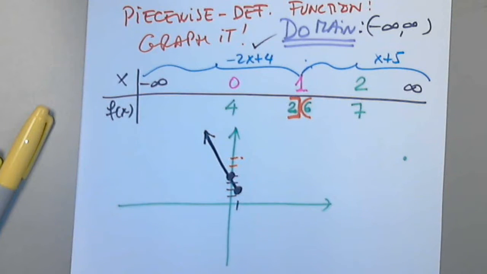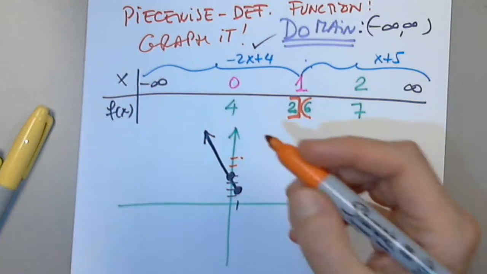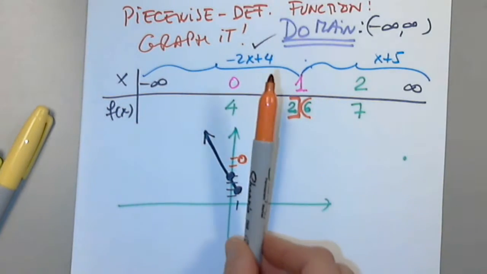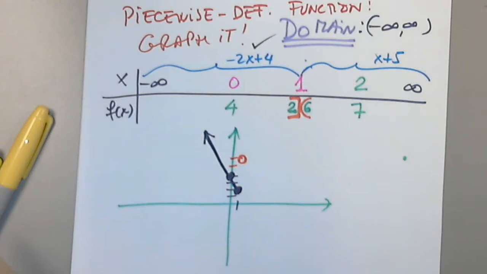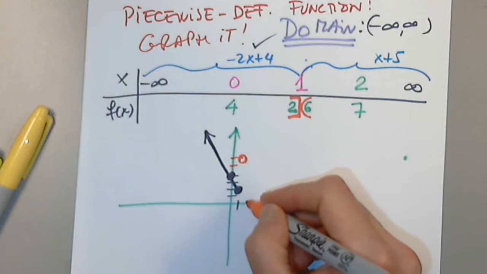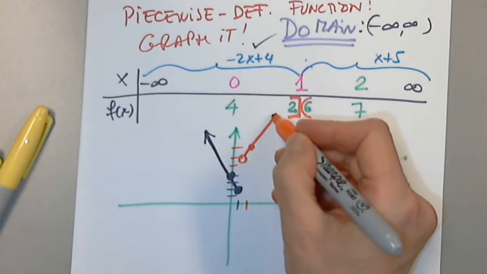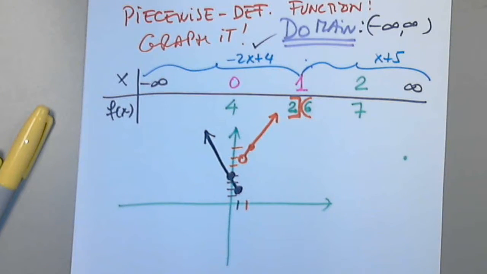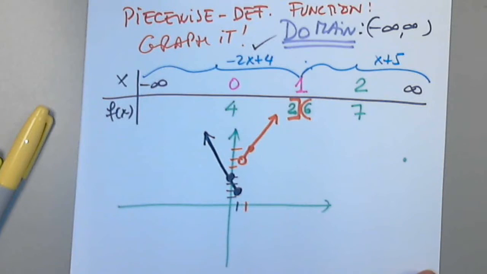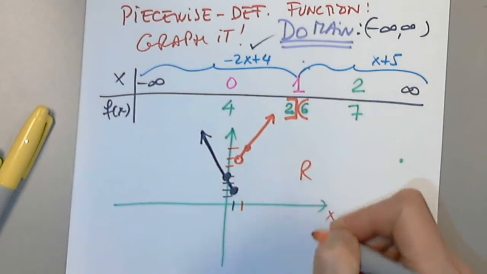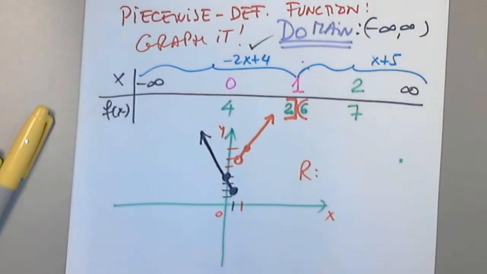So is it a full point or an open point? You agree? Very good. It cannot be a full point because then it wouldn't be a function. Thank you very much. So then 2, 7. We cannot extend this branch to the right, and we cannot extend this branch to the left. This is it. So now I can ask the range of this function.